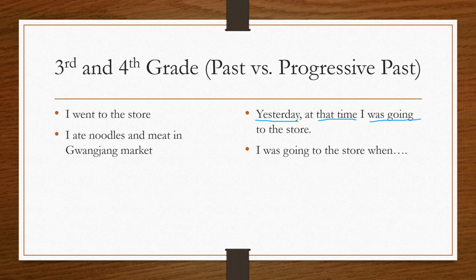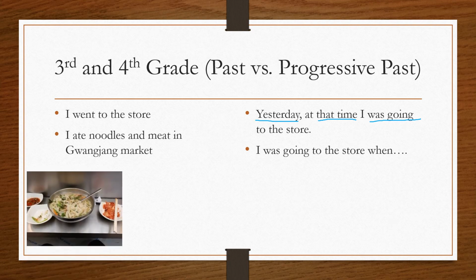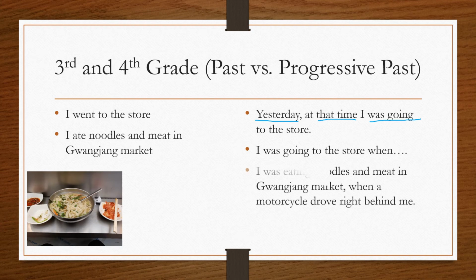I ate noodles and meat in Guangzhou Market. That's a simple past tense sentence. I actually did go to Guangzhou Market in Seoul, and I did have some salkuksu, and I had some, I think, morigogi, ox's head, and this is an okay sentence, but maybe a past progressive or progressive past sentence would look like this.